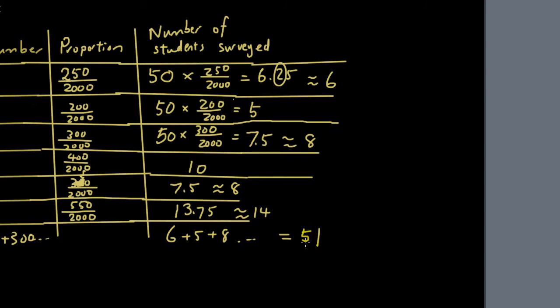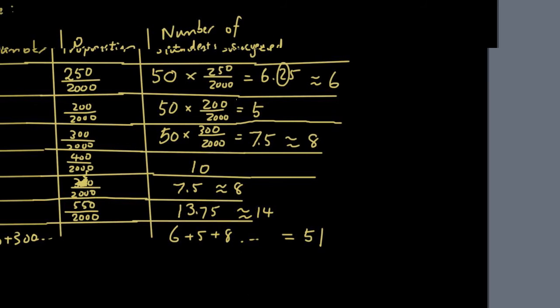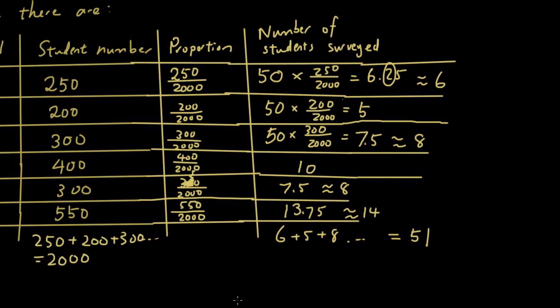Because we only wanted 50 students. Unfortunately, this means that we probably have to subtract one student from one of these. I guess we probably should take one off year 12s. So let's change the 14 to 13, and then we would have 50 students.